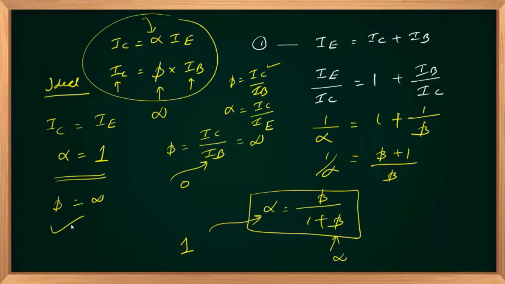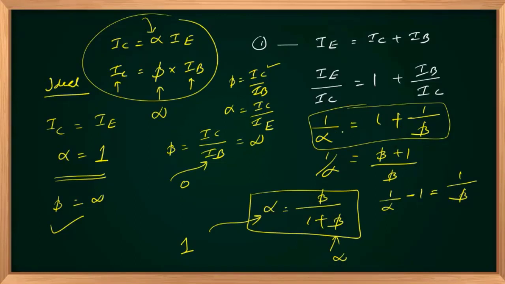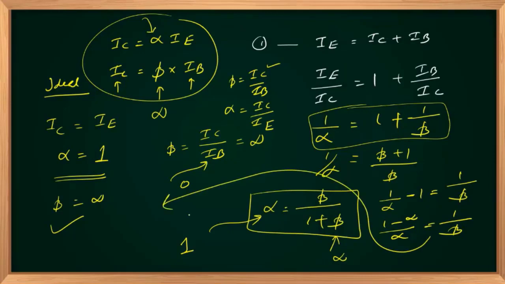Right? Using the same equation, 1 by alpha minus 1 equals 1 over beta. Taking this 1 to the left side, 1 minus alpha upon alpha equals 1 over beta. Taking the inverse, that will give you beta equal to alpha upon 1 minus alpha.